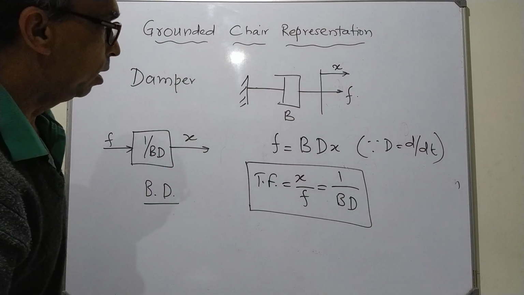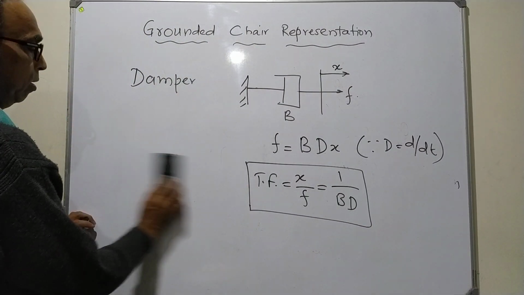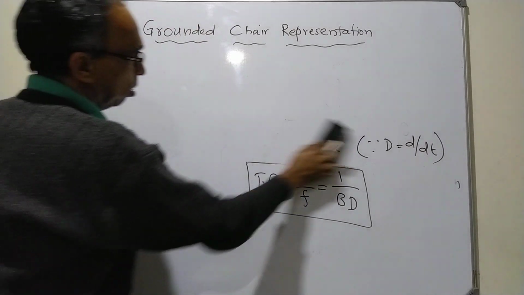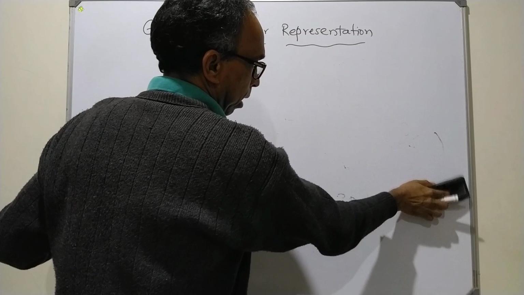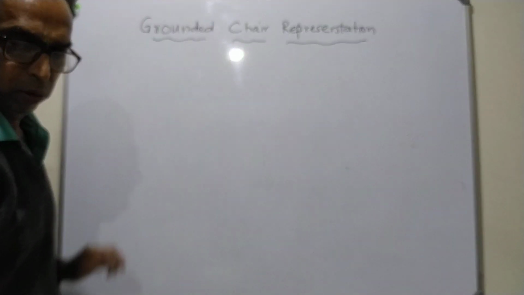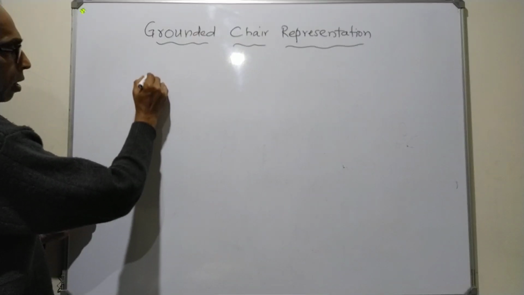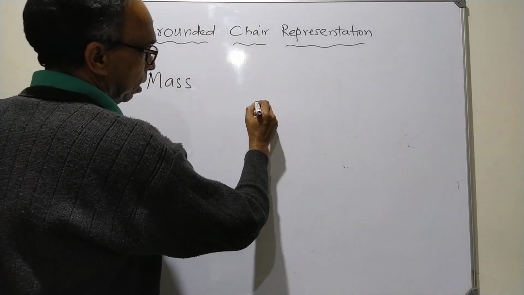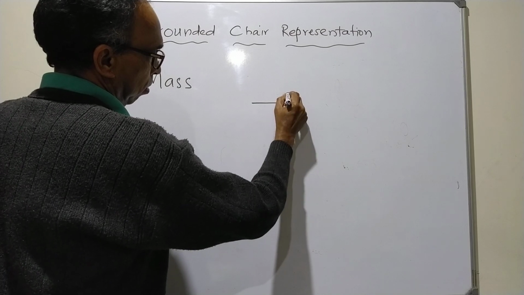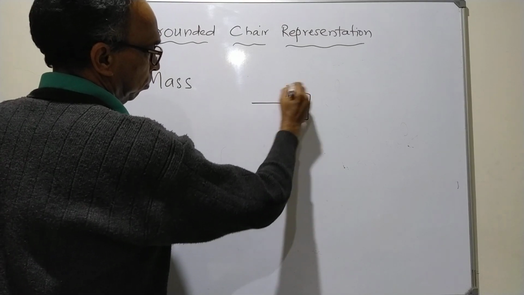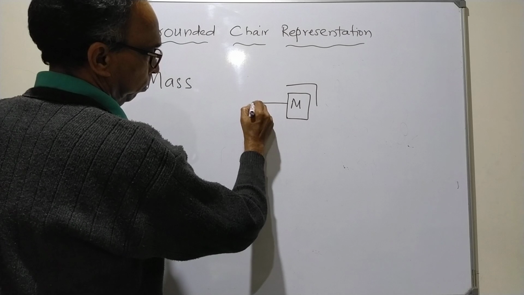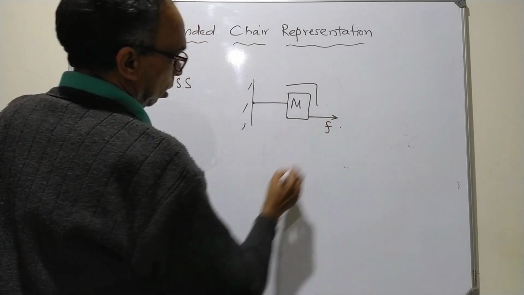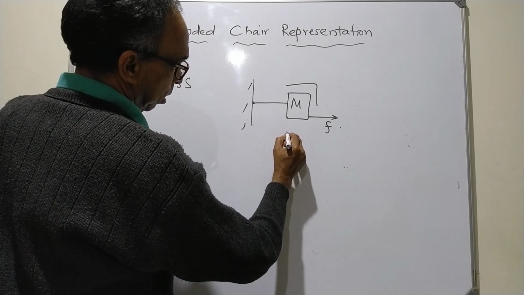Just to recap, and finally, what was the third element? The third element was mass or inertia element. So how was it represented? Mass M, it is subjected to force F. It will have the inertia force.